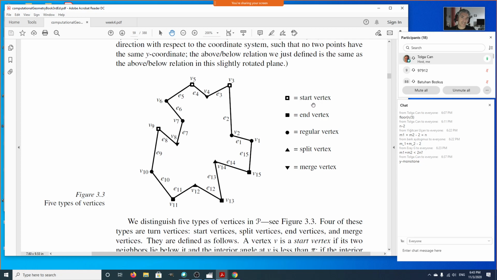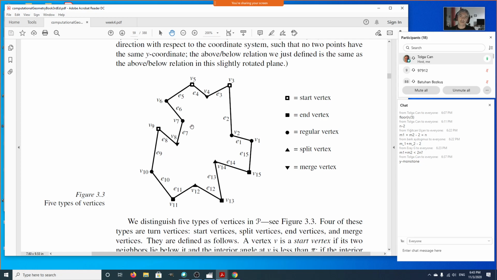A start vertex is a vertex in which both of the neighbors are below it. Like look at V5. V4 and V6 are both below, and their y-coordinates are smaller than the y-coordinate of V5. By the way, if two vertices have the same y-coordinate, we are going to consider the one to the right as the vertex that is below.